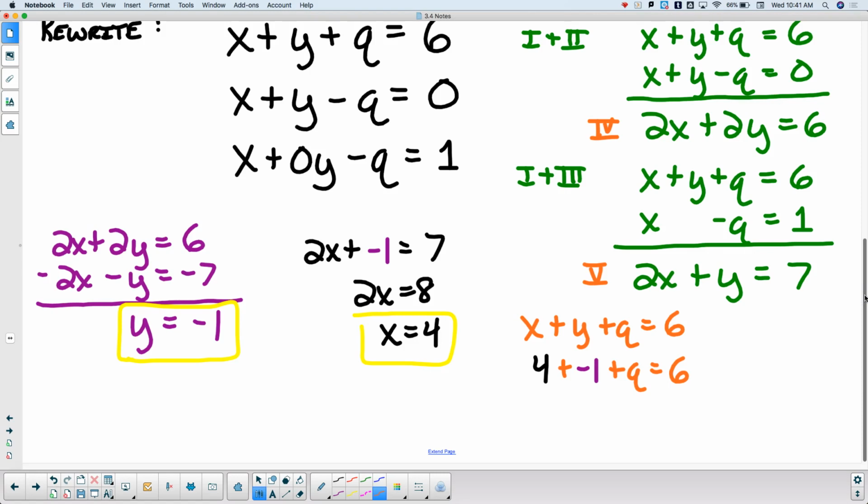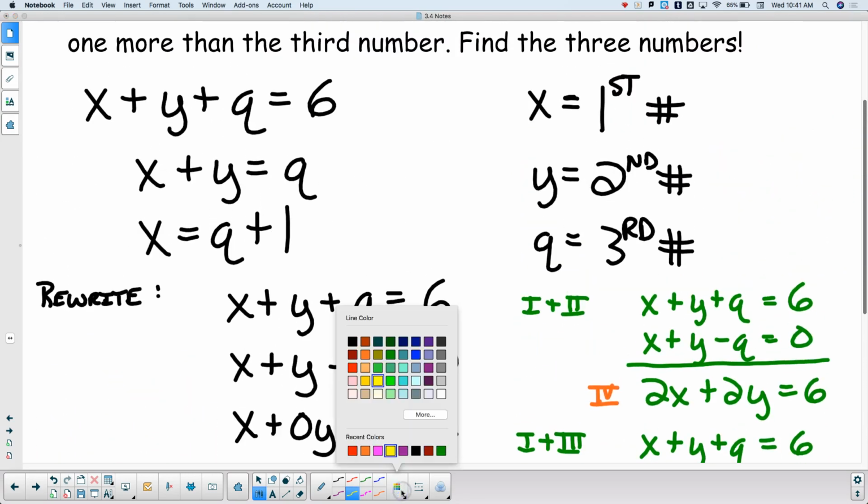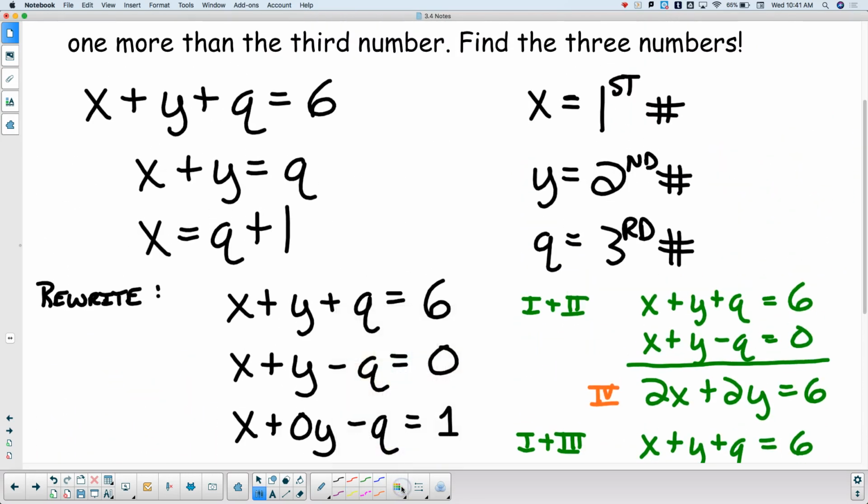And so then that's 3 plus q equals 6. So q is 3. So my first number is 4. My second number is negative 1. And my third number is 3.